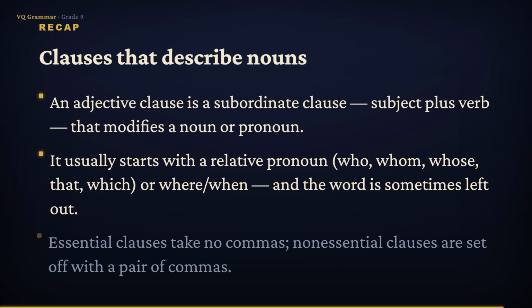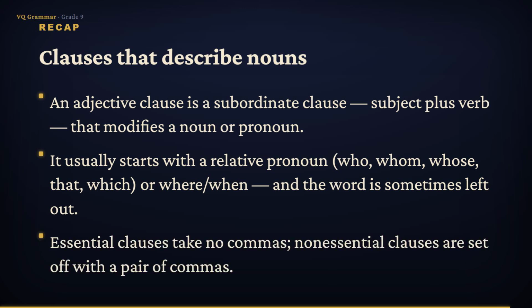And sometimes that opening word is quietly left out. And the big payoff for your writing? An essential clause, which changes the meaning, takes no commas, while a non-essential clause, which only adds extra, gets fenced off with commas. Nail that, and your sentences will describe with real precision.